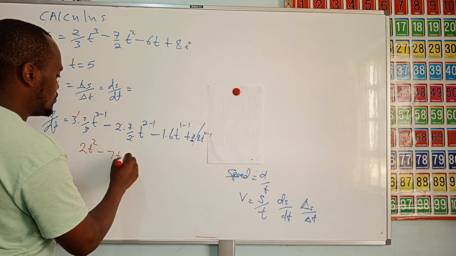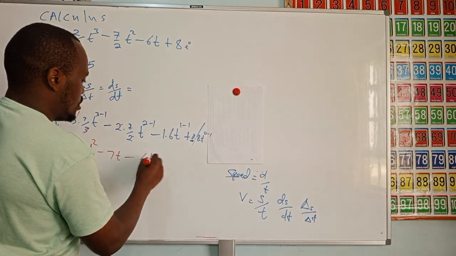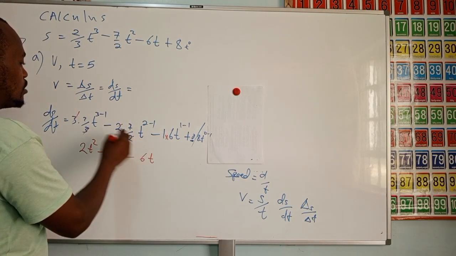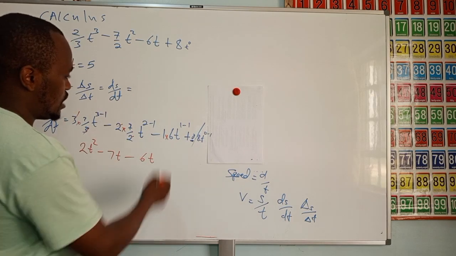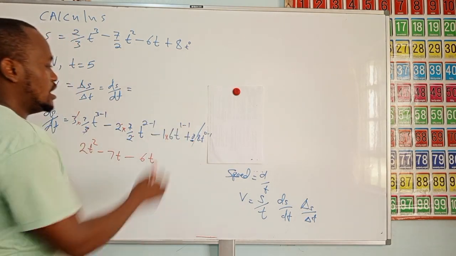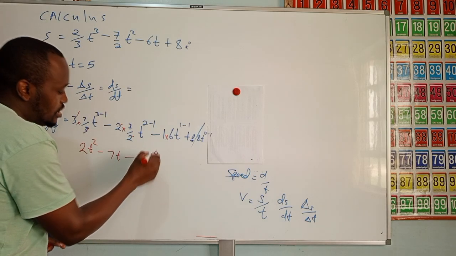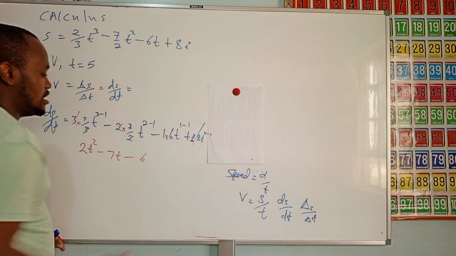Then you have 1 times 6 is 6t. Hope you don't write 1.6. Remember, it is a multiplication. If you will confuse, just use a multiplication sign there instead of the dot. Then t, 1 minus 1 is 0. Raised to 0 is equals to 1, so you don't indicate it. And then this one is done.